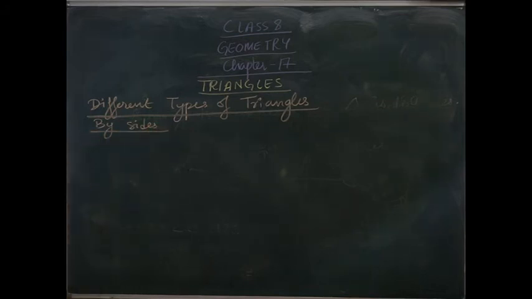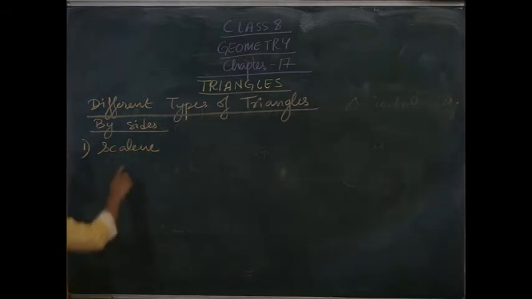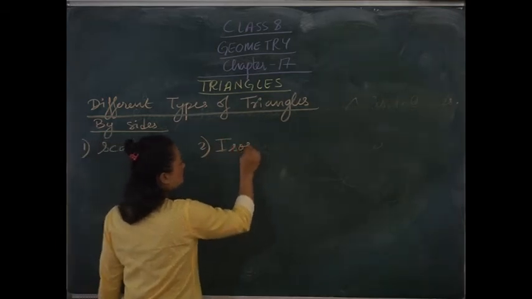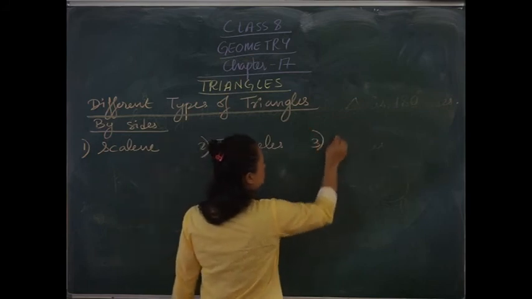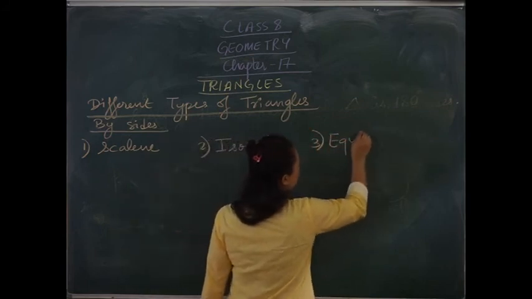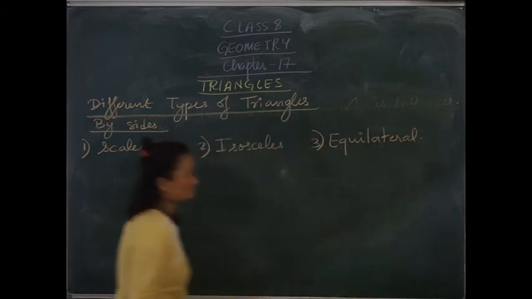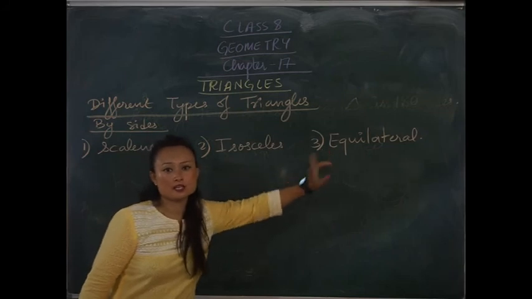According to the sides, triangles are of three types: scalene, isosceles, and the third one is equilateral. There are three types of triangles defined by sides: scalene, isosceles, and equilateral.